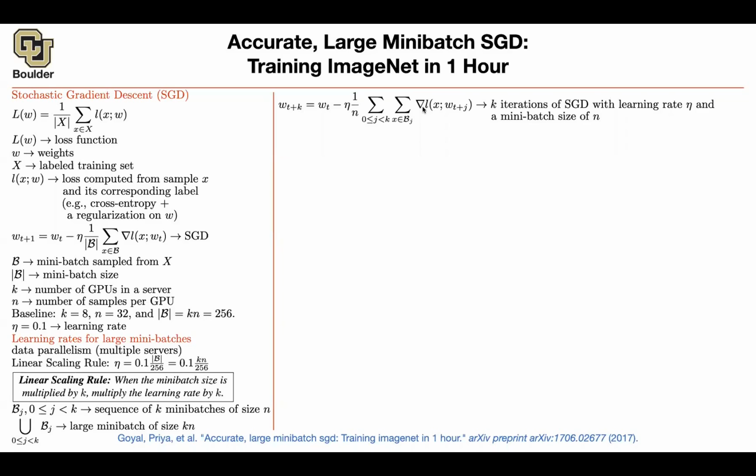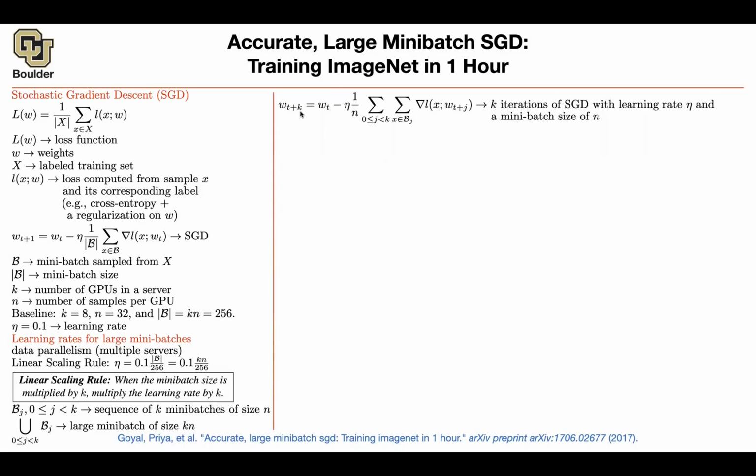And then these gradients, you're evaluating them at different points. The first one, you're evaluating at W_t plus 0. The next one, you're evaluating at W_t plus 1, because it's the next step in your iteration. So you can call this k times, and that's going to give you W_t plus k. These are your parameters.